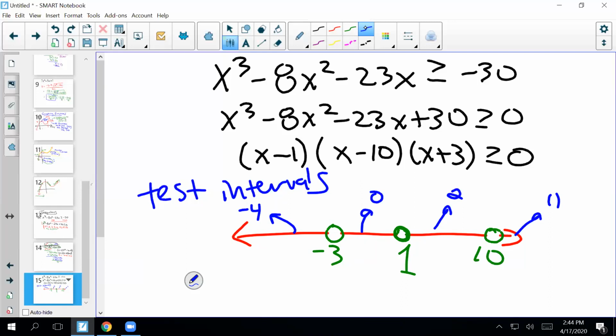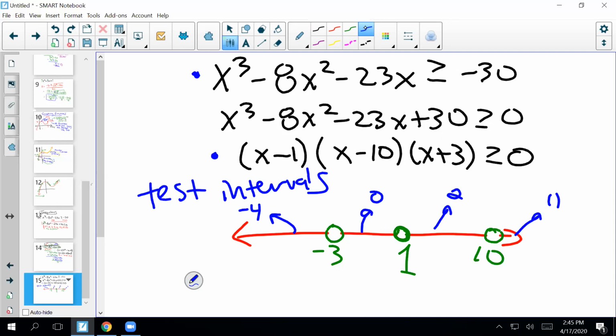And then I can go back to the original inequality, or for polynomials, you don't have to go back to the original. You can actually go to this one as well, and you just plug these in and see if they satisfy the inequality. If they do, then that whole interval works. And if they don't work, then that whole interval does not work. Let's just try 0, 0 is always the easiest to try.